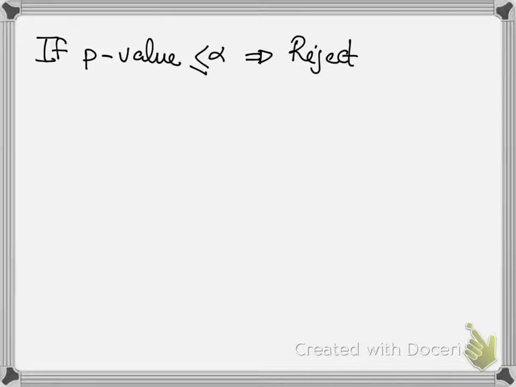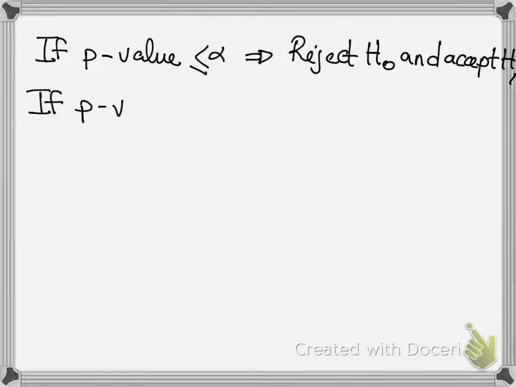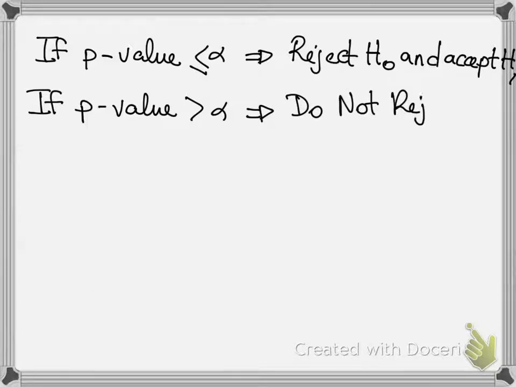There is strong evidence against H0, so you reject H0 and accept the alternative hypothesis H1. If the p-value is larger than alpha, so it's large enough, we do not reject H0. There is not enough strong evidence against H0, so we do not reject H0.